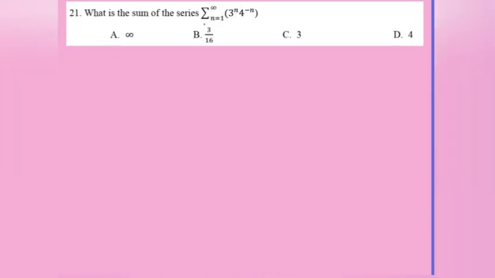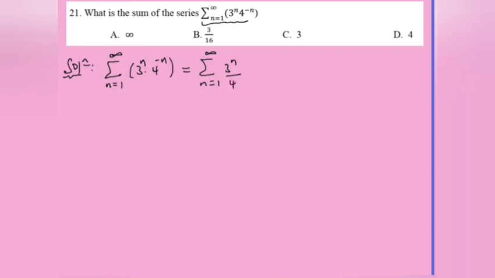What is the sum of this series? So, as usual, we need to rewrite the given infinite series in more appropriate ways. 3 to the power of n times 4 to the power of minus n can be written as 3 to the power of n over 4 to the power of n using the property of exponents.